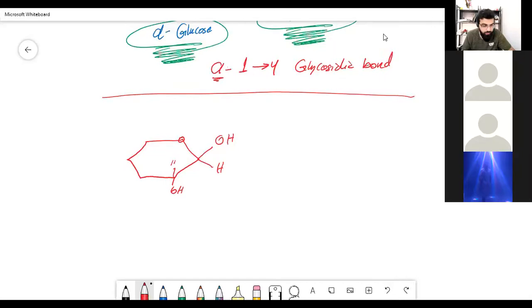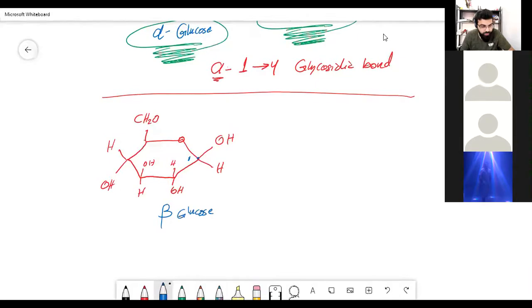H. Here, OH. And the last one, no change. Downward, same. This is the CH2OH. Remember, carbon number 1 is the only different one. It's upward. This is beta glucose.